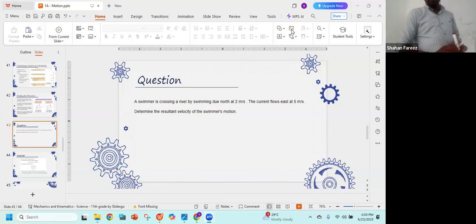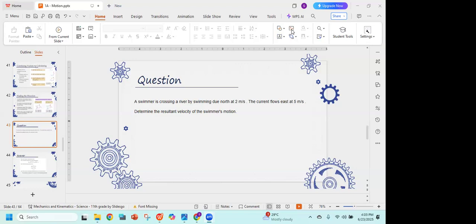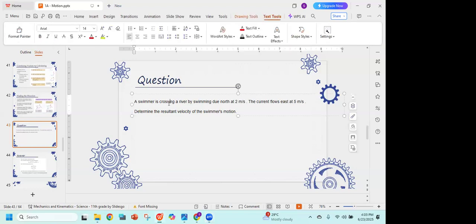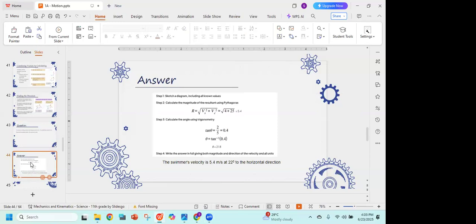We will be using it to do calculations. Okay, right. So once you do the calculation, tan theta is 2 divided by 5, which is 0.4. So tan inverse 0.4 is equal to 21.8. So the swimmer's velocity is 5.4 meters per second, moving at 22 degrees to the horizontal.